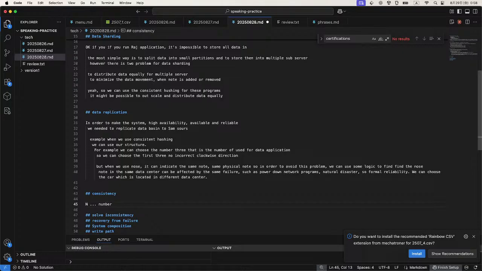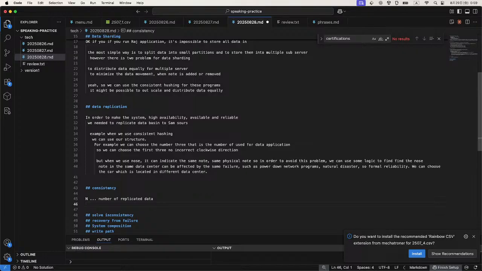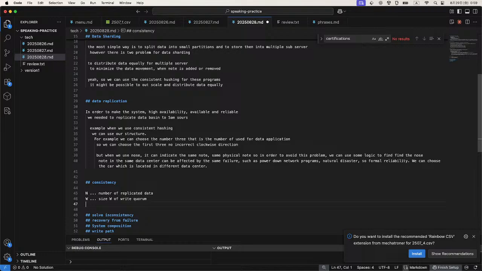And W is the write quorum. Size W write quorum.